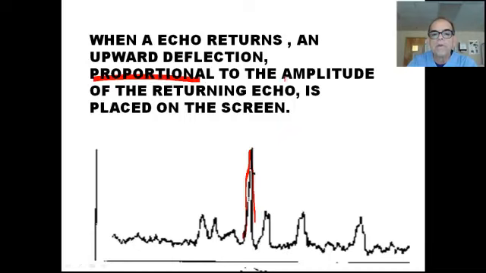Proportional to the amplitude, in this case it is the deflection that is proportional. In brightness mode it is the brightness of the dot that is proportional to the amplitude. But always the deflection or the brightness is proportional to the amplitude. When something is hyperechoic, in A mode it produces a deflection. In B mode or M mode, it produces a bright dot.